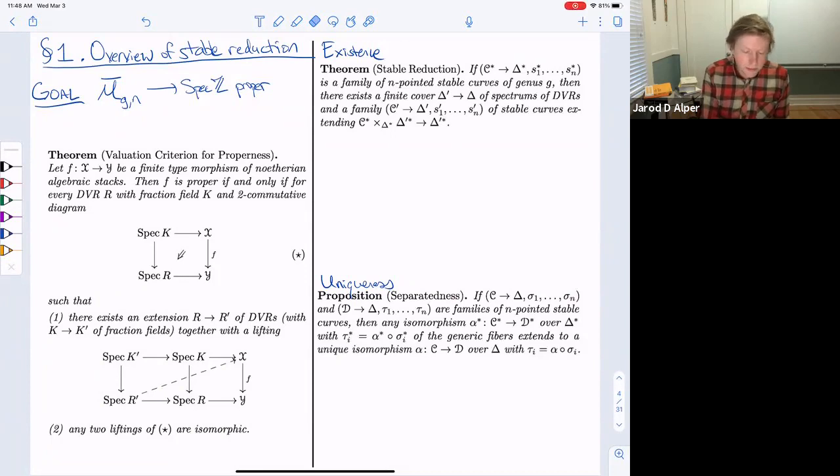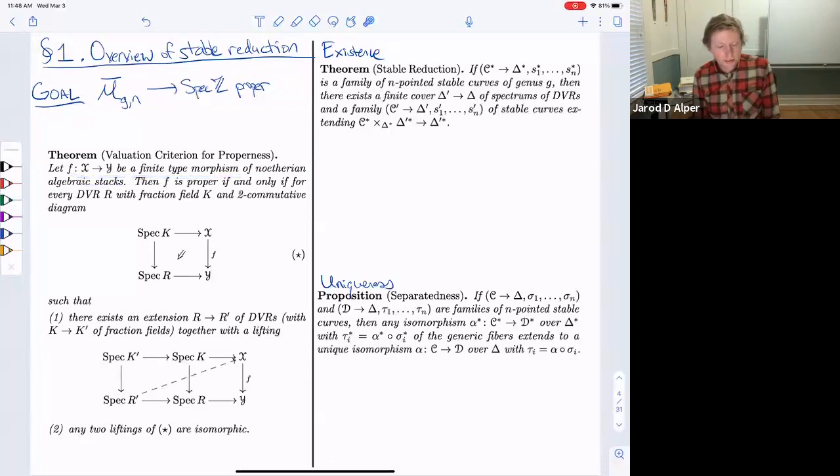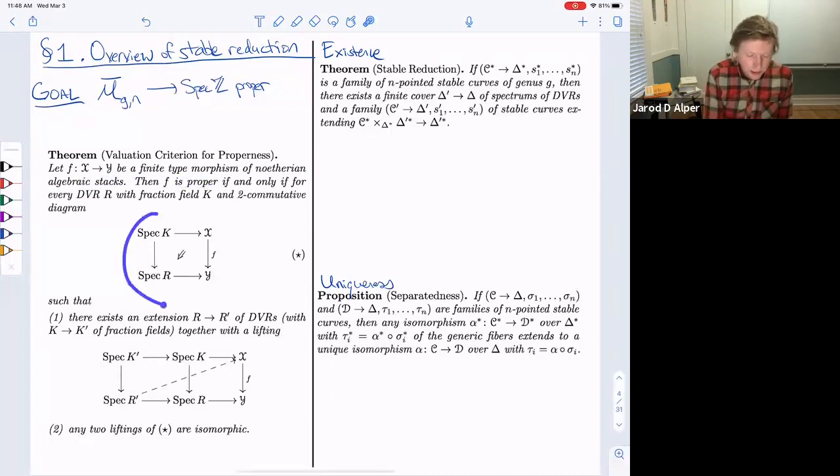There's a valuative criterion for properness that I've stated here. I'll state it in the Noetherian setting. We have a finite morphism of Noetherian algebraic stacks, and we want to know F is proper. It suffices to consider diagrams like this. Here Spec R, and throughout today's lecture, R is always a DVR.